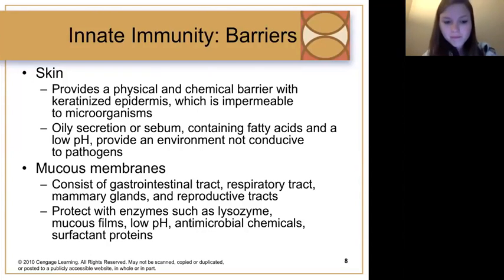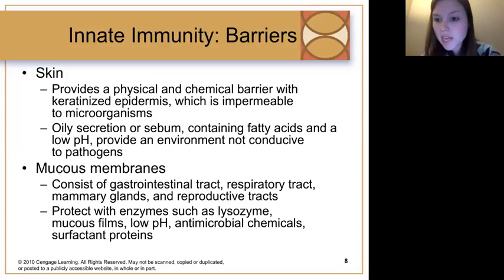Mucous membranes are another barrier of protection. They are in the gastrointestinal tract, the respiratory tract, mammary glands, and reproductive tracts. In the mucous membranes, you'll have immune cells that will keep pathogens from invading that tissue further.